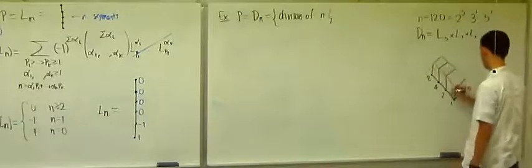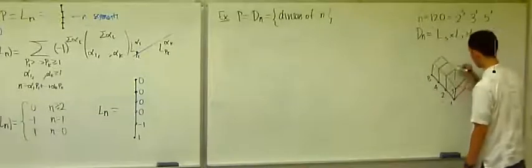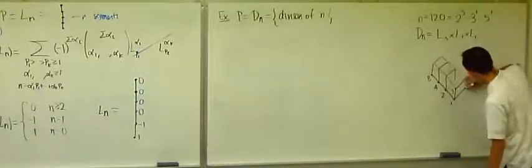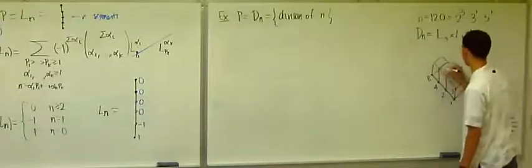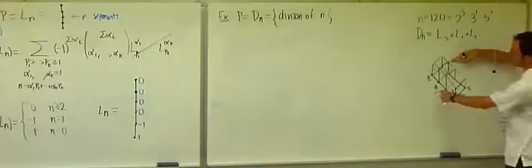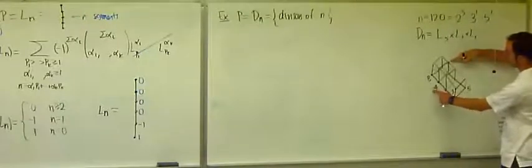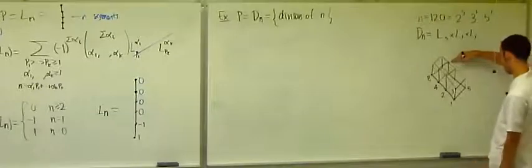It's going to look like this. Like that. And for example, the number here is 4 times 5. Is it? 3 times 5.